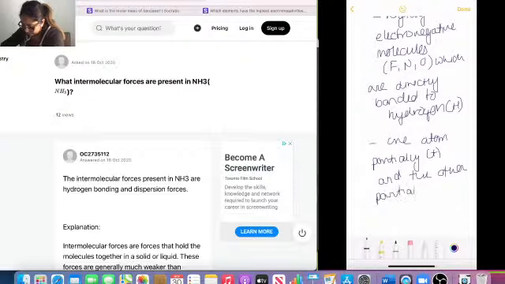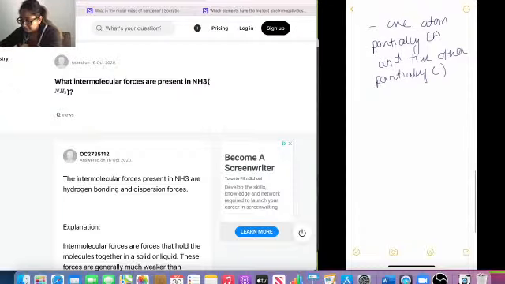So the way you can determine if it's negative or positive, you just look at your electronegativity table, and the one that's more electronegative would get the partially negative charge, compared to the one that's going to be partially positive. So the higher the electronegativity number, that's the one that's going to have the negative charge on it.